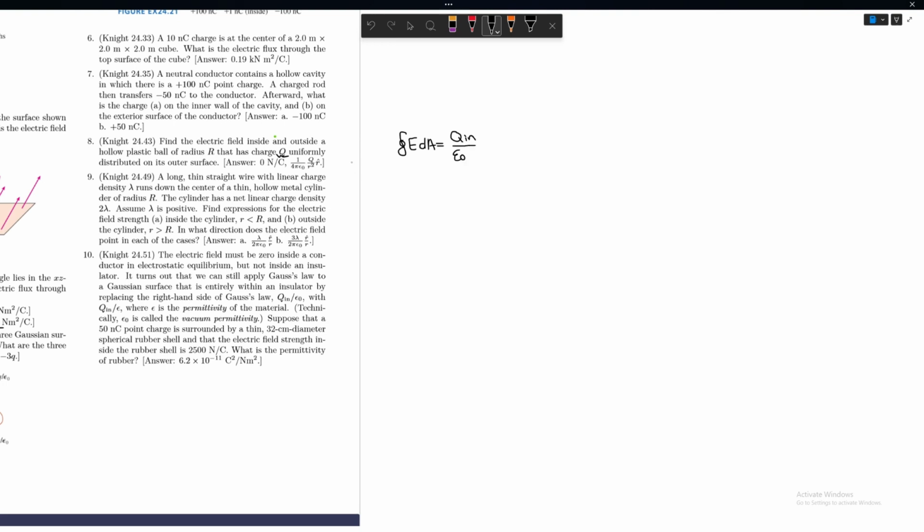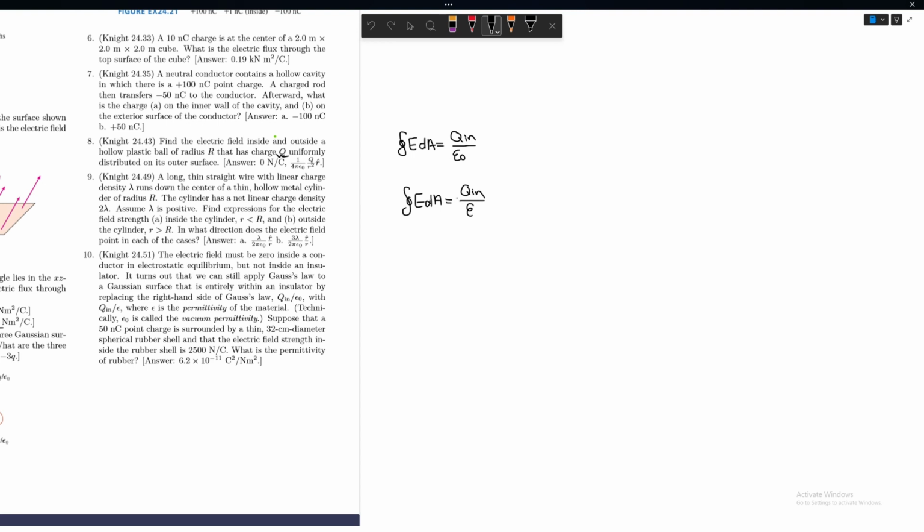And it's saying you replace that right-hand side with Qn over epsilon, which is supposed to be the permittivity of the material. Still the same, except my permittivity now is for that specific material.